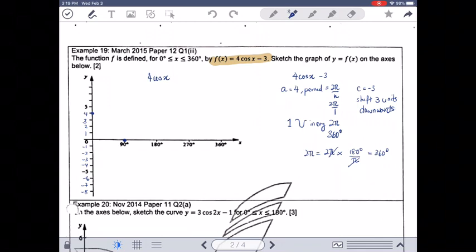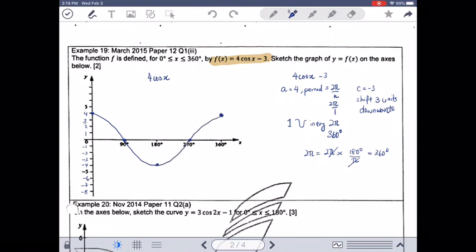So 4, that should be it. And sketch the graph. Okay, that looks quite okay.